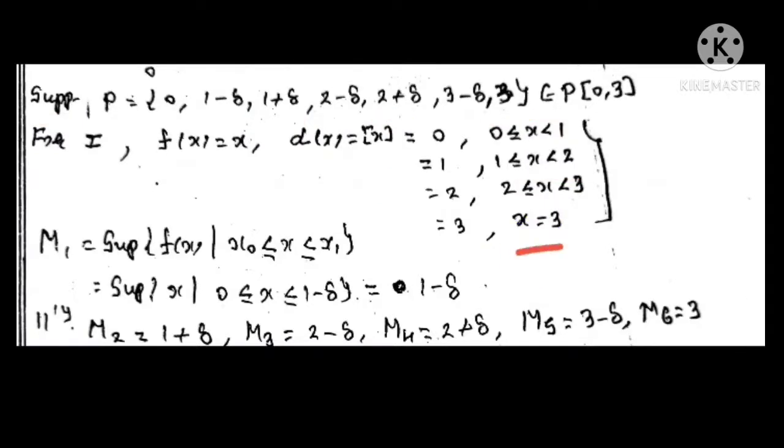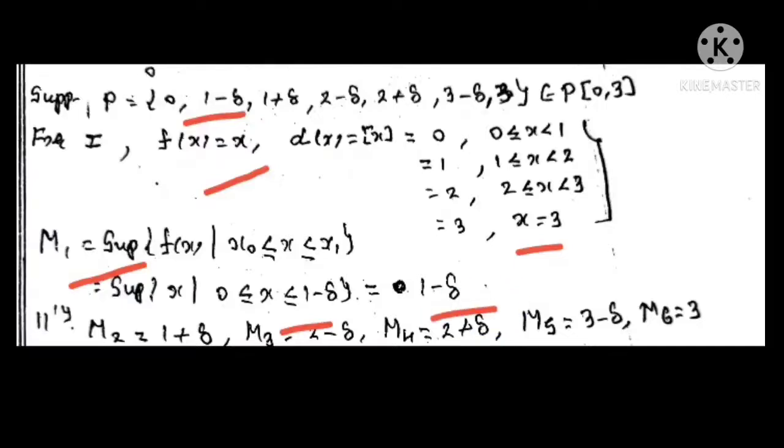Now m1 is equal to supremum of fx where x0 less or equal to x less or equal to x1, which is equal to supremum of fx is equal to x where 0 less or equal to x less or equal to 1 minus delta, which is equal to 1 minus delta.